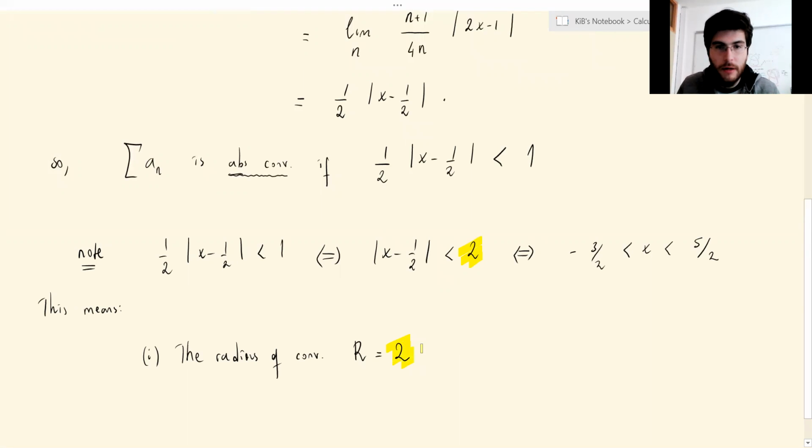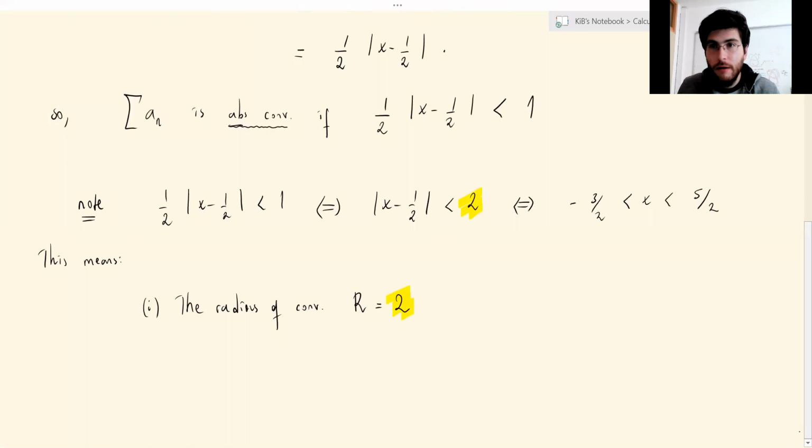So we have the radius of convergence, and now we need to find the interval of convergence.